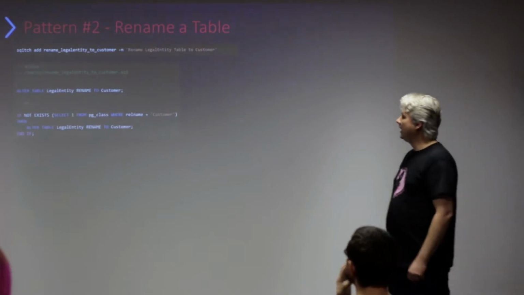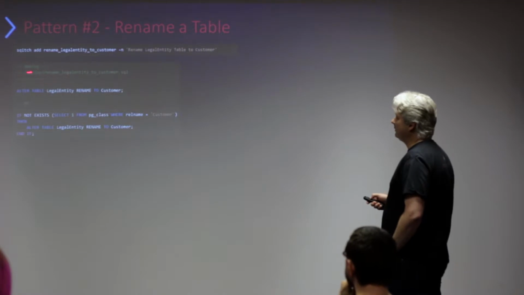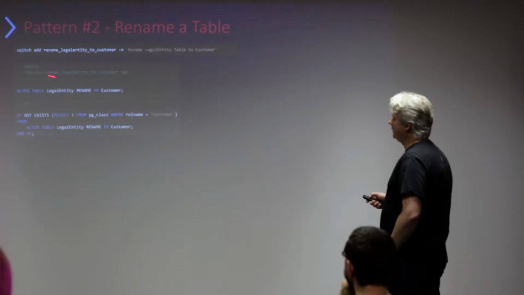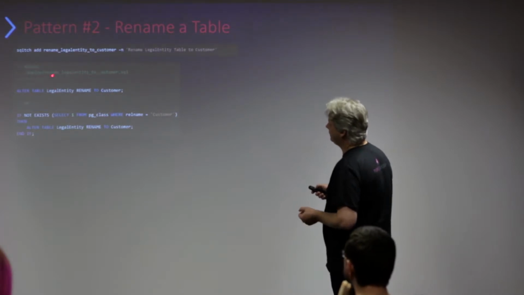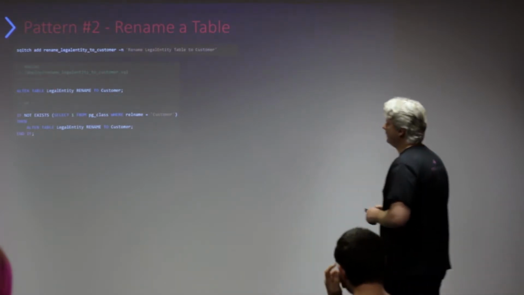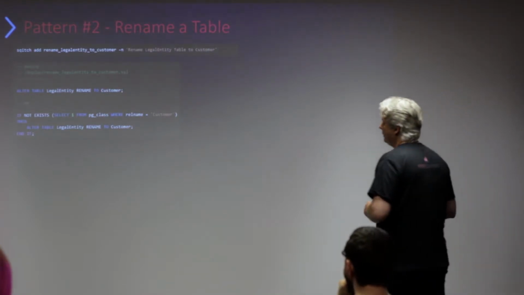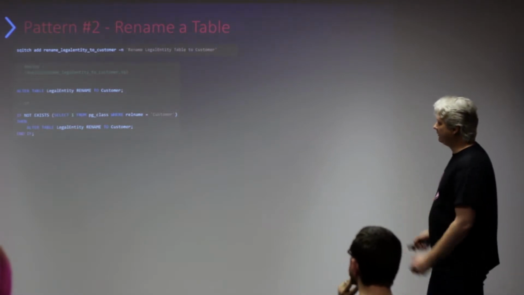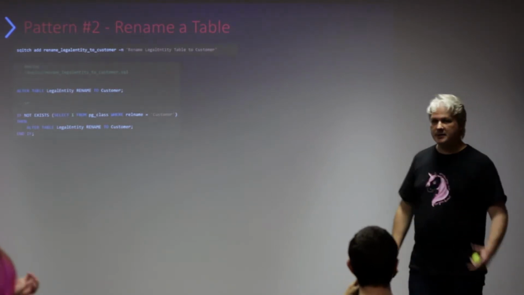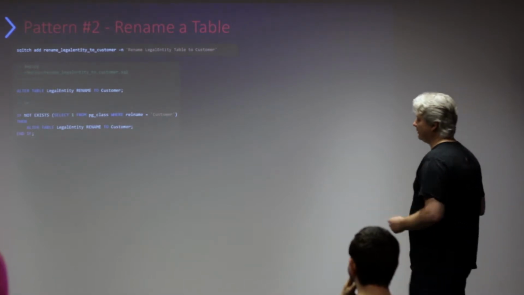All right, so the first entry that Switch will put in for us is it will create a deploy directory, and inside that it will create a file name called deploy directory, rename legal entity to customer. And I will then go in and write my SQL statement to be able to rename my legal entity to customer. Now, there's two ways in which you could potentially do this. You can do it this way, where you just do an alter, because you know it's an existing table.